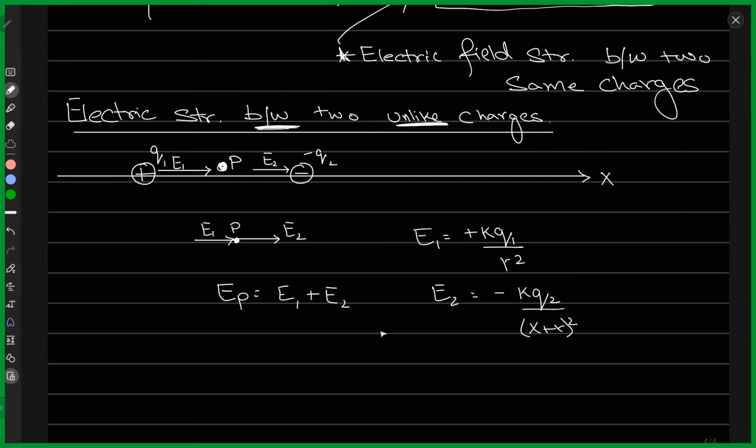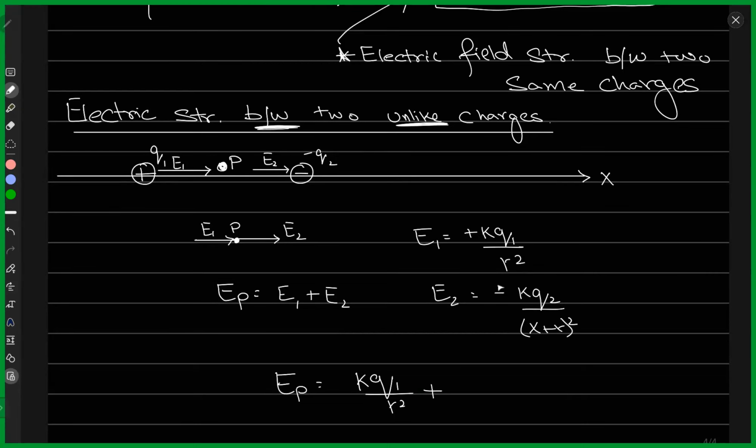And now I'll put these things back into this equation for EP. And when I do this sum, this becomes k q1 by r squared. Then now I'll make this x minus r and I'll add up.